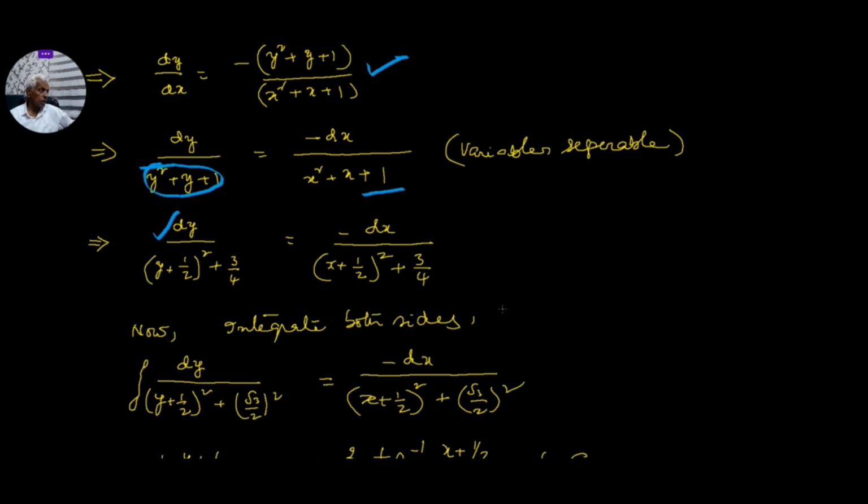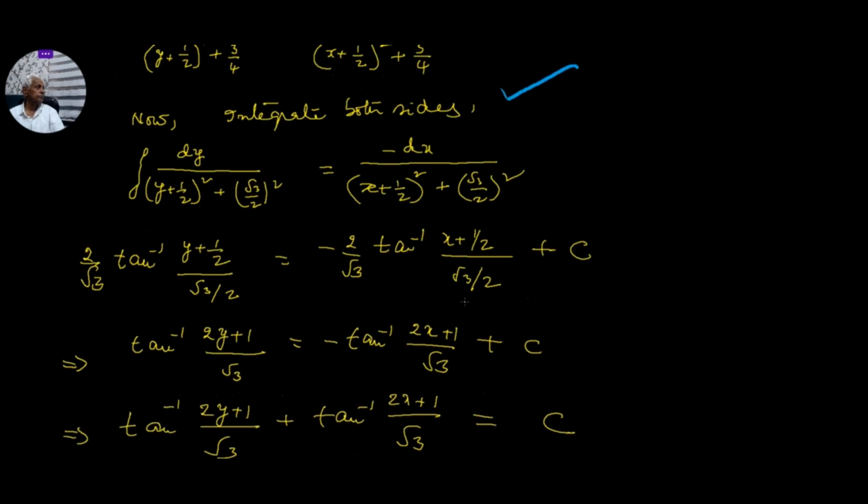Now, integrate on both sides. Then you will get integration of dy by (y plus half) whole square plus (root 3 by 2) whole square. This 3 by 4 is written as (root 3 by 2) whole square, plus integration of minus dx by (x plus half) whole square plus (root 3 by 2) whole square.